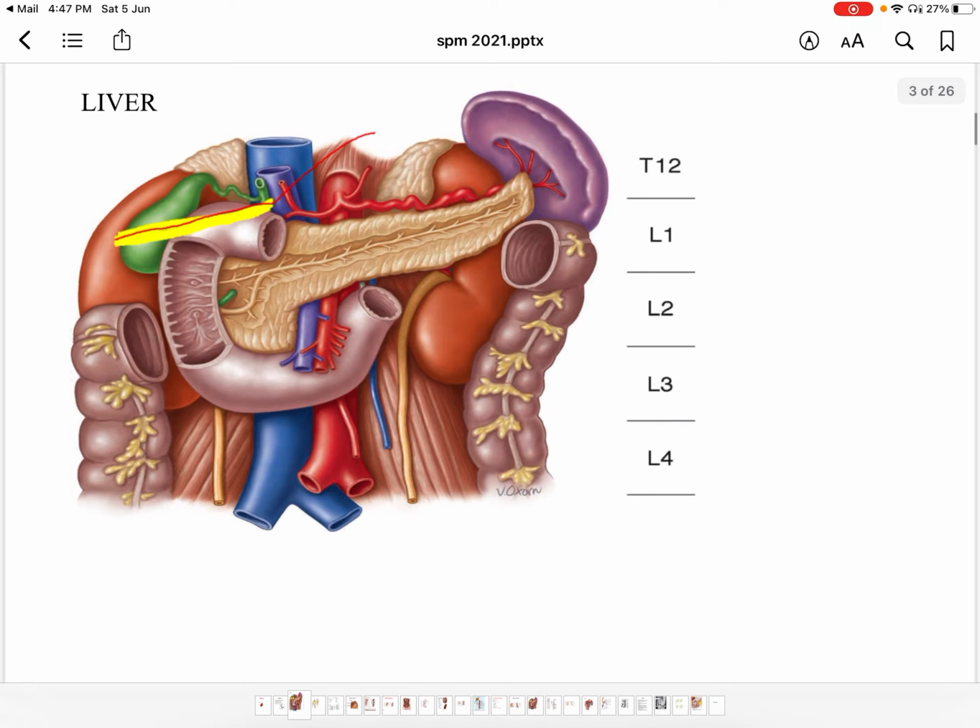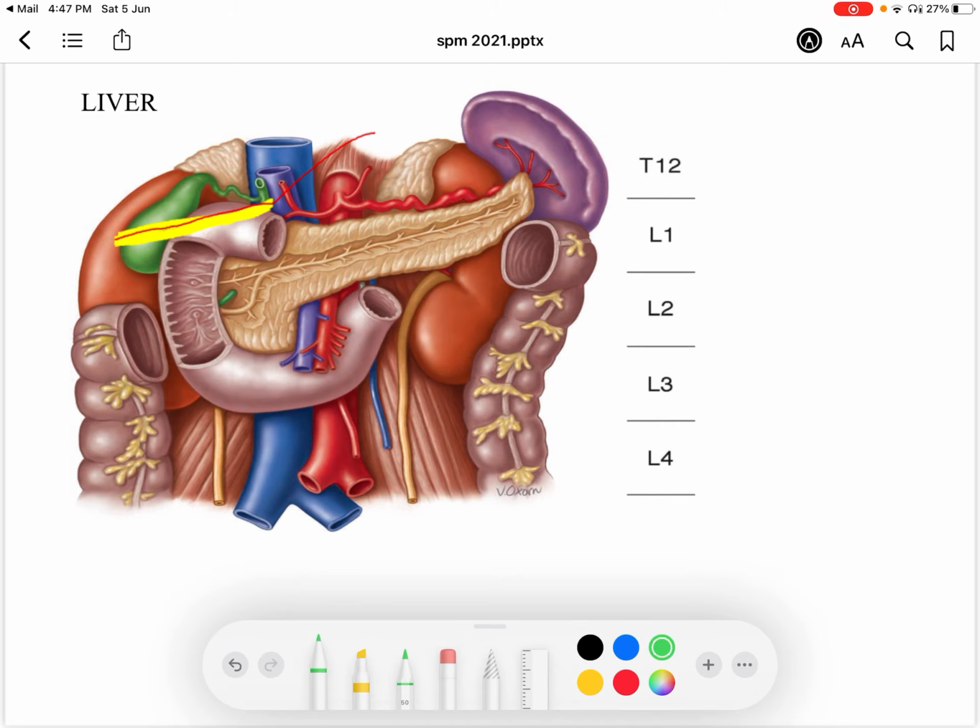Before that, you can see the structures surrounding the duodenum. You have already studied many structures in the stomach bed, but you can see here the first part of the duodenum, there is a boundary of the liver. The gallbladder lies in the gallbladder fossa, and the first part of the duodenum is related with the liver in the quadrate lobe.